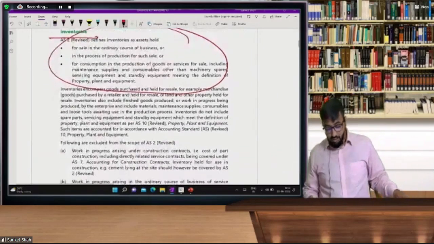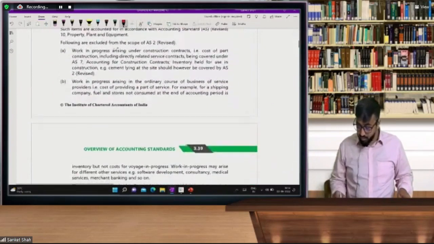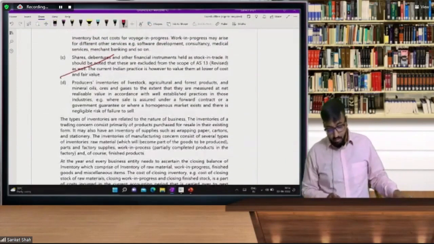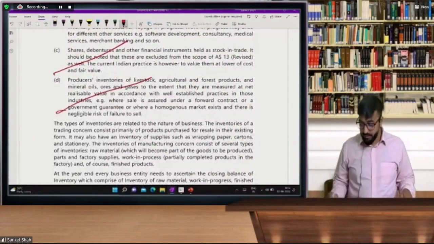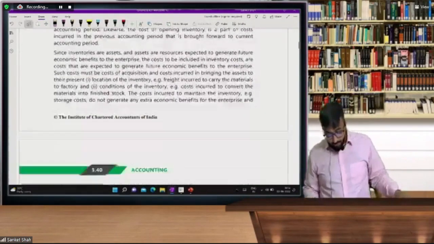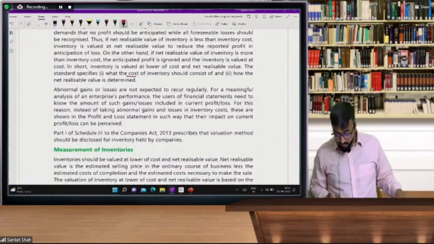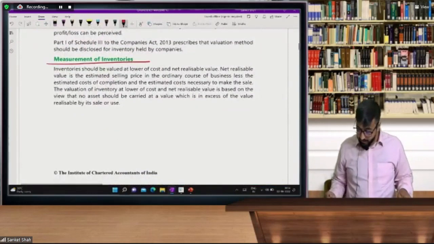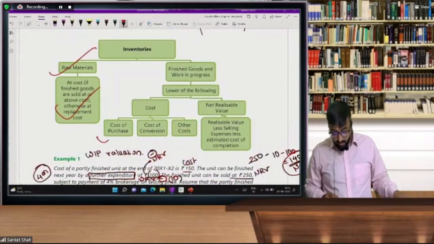Inventories means finished goods or WIP. We have covered it in chart form. Then scope outs, work in progress, construction contract, service providers. You can read this theory study material today, and producers, inventories, livestock, etc. So this paragraph is also covered. It is recorded at cost or NRV, whichever is lower. So this is the measurement of the inventory, cost or NRV, whichever is lower. This chart we already covered.